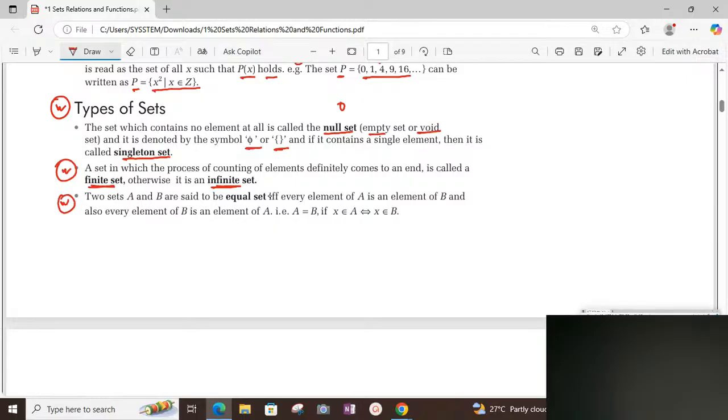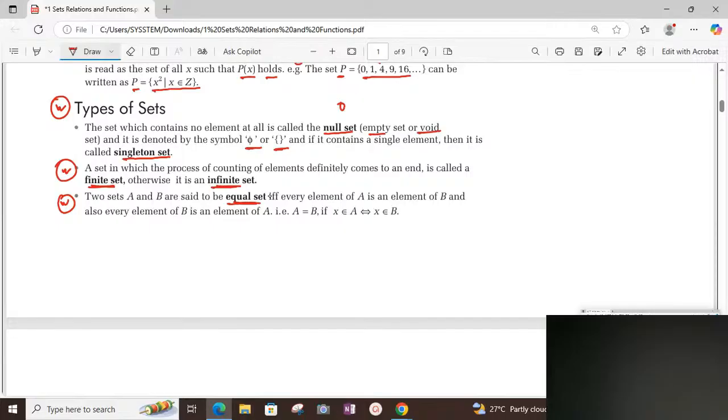Now let's discuss equal sets. If two or more sets have exactly the same elements, then we say these sets are equal sets.